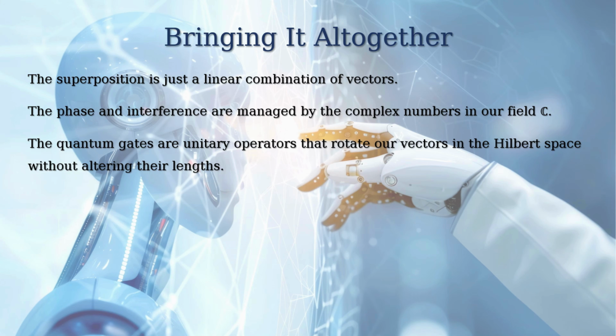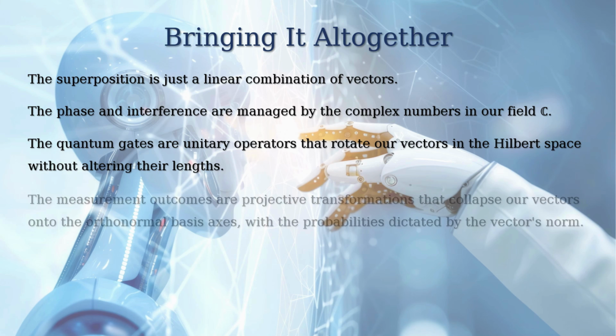The quantum gates are unitary operators that rotate our vectors in the Hilbert space without altering their lengths. The measurement outcomes are projective transformations that collapse our vectors onto the orthonormal basis axis with the probabilities dictated by the vector's norm.